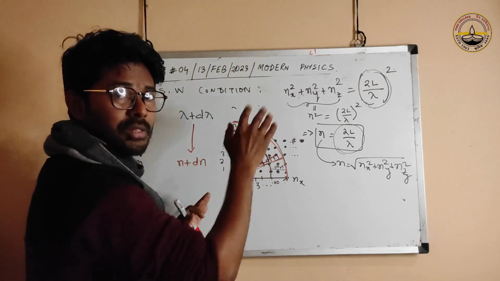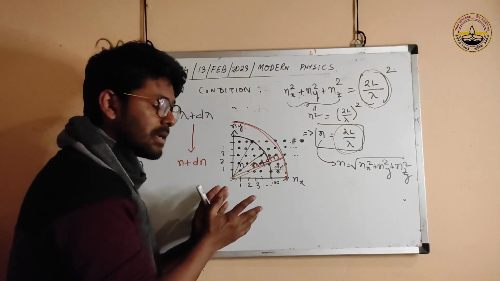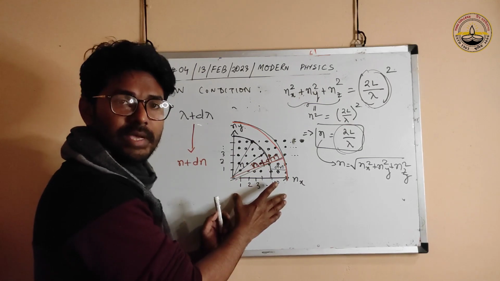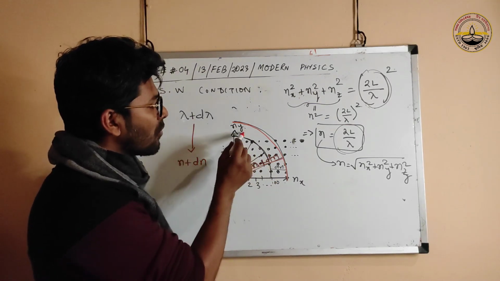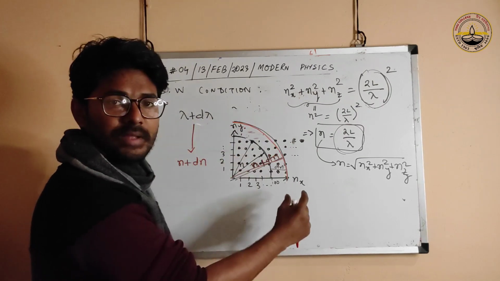This is the 3-dimensional case in the end that we will come to, but for now, for simplicity, we're talking about this 2-dimensional case. How many points fall within these two circles?